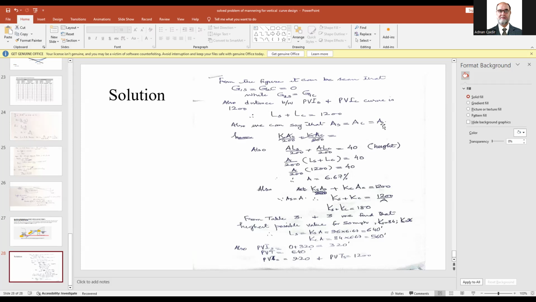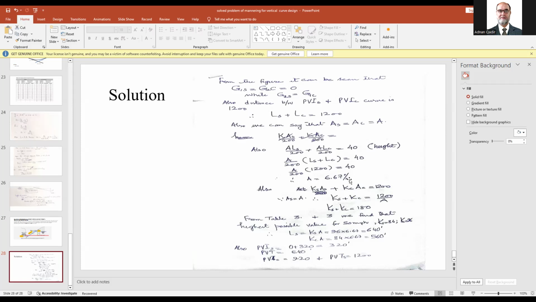From the basic equation, we know that AL over 200 of the sag curve plus AL over 200 of the crest curve, the elevation of the first curve plus the elevation of the second curve, is 40 feet. So, doing some algebra, we can find that A over 200 multiplied by 1200 is 40. So A is 6.67.